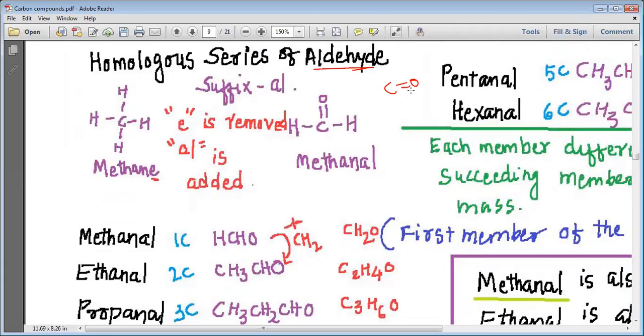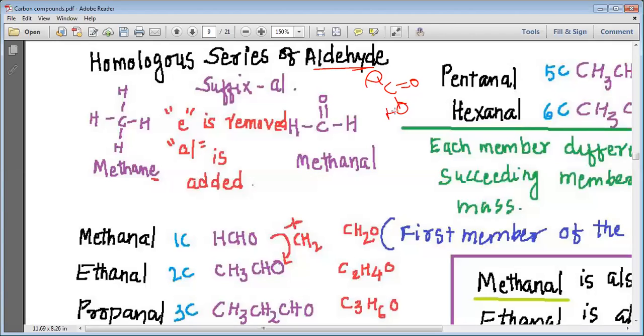Now two bonds of carbon have been involved with the oxygen, so two valencies have been left. Here you can join anything, or two different groups.